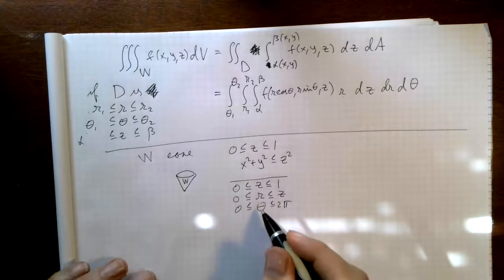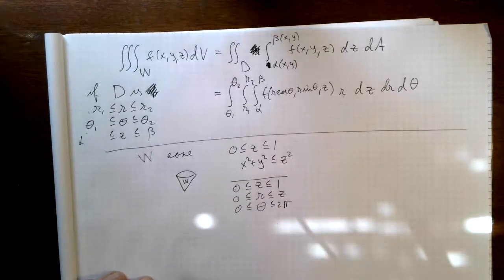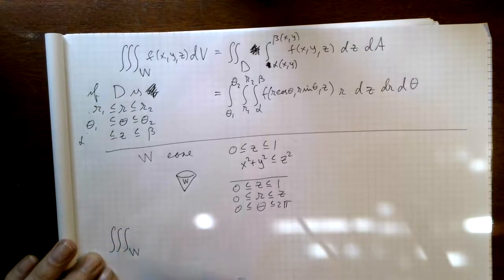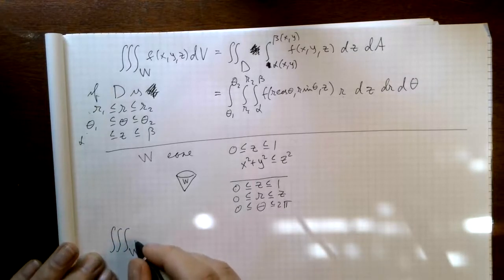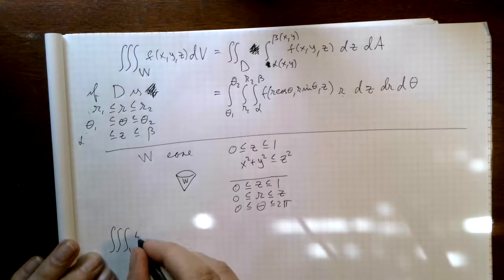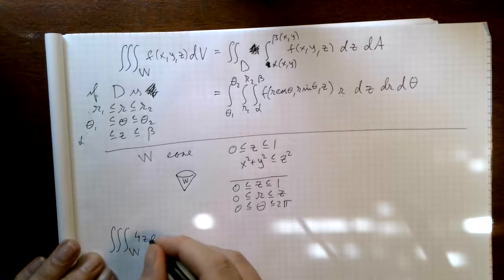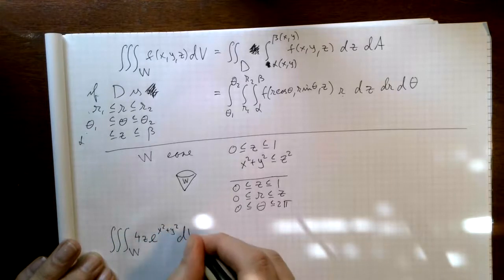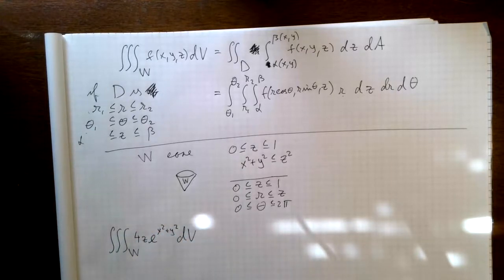Okay, and let's integrate. Let's suppose that what I want to integrate over W is 4z e to the x squared plus y squared dV. This sort of nasty looking expression.